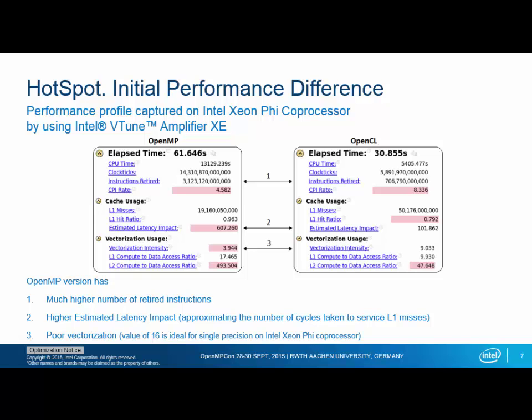The second one is the estimated latency impact, a metric provided by VTune that approximates the number of cycles required to survive L1 misses. Another factor is poor vectorization. For Intel Xeon Phi, when using single precision, the vectorization metric should be around 16. But in that case, for OpenMP it's only about 4.